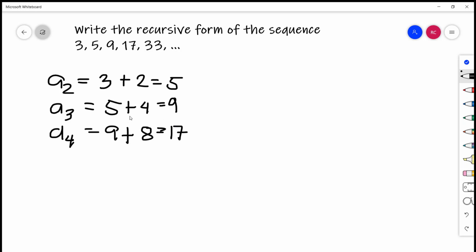Okay, so wala tayong na-establish na pattern basing sa ating ina-add. Okay, nagta-times 2 lang. So, mahirapan tayo na hanapin yung first term. So, let's have another technique or another solution for this one.